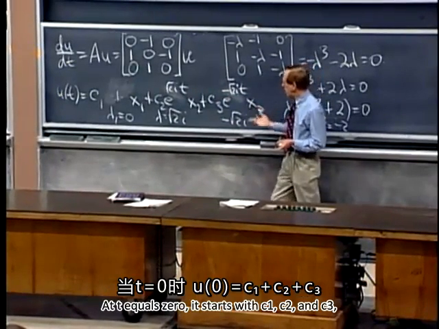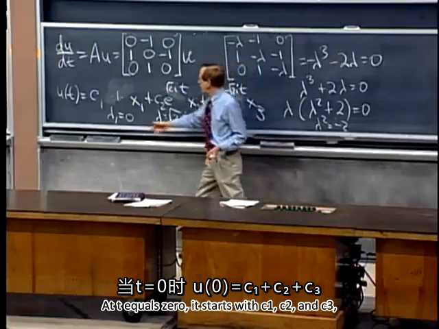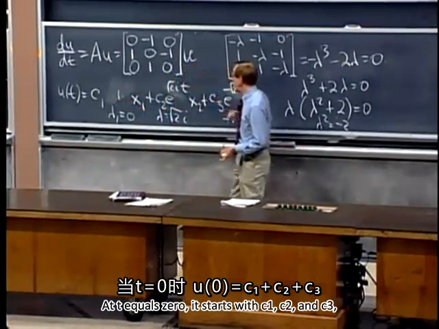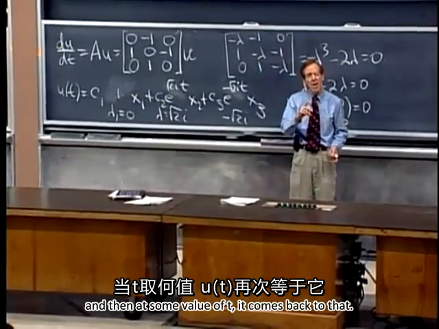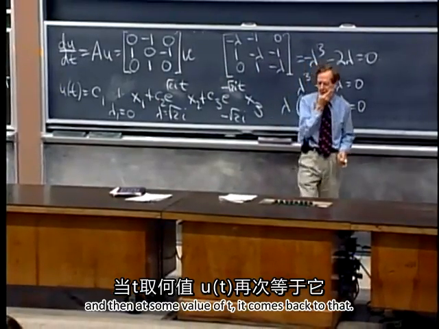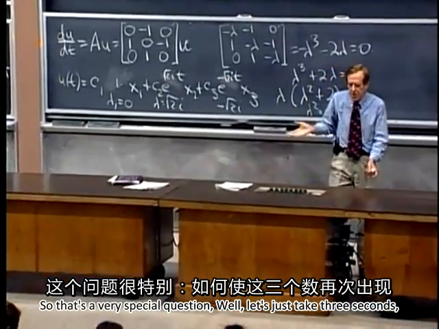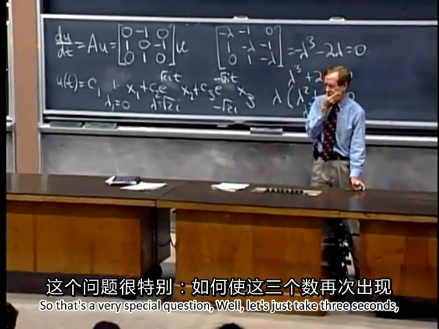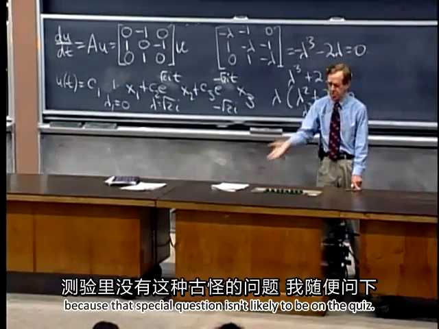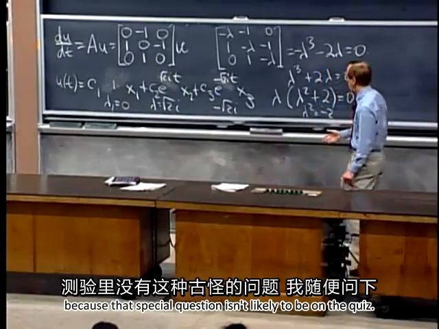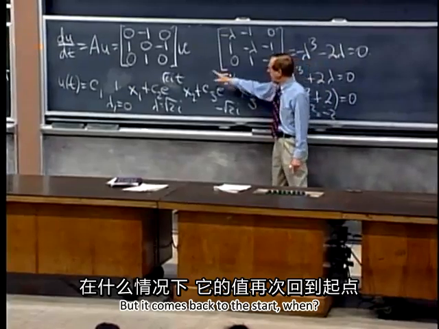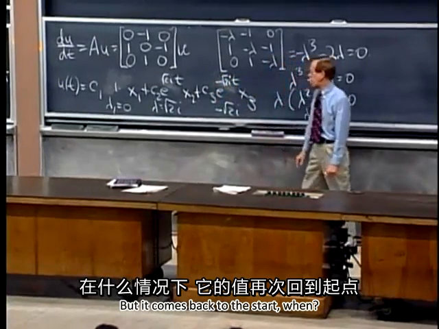At t equals 0, it starts with C1, C2, and C3, and then at some value of t, it comes back to that. So that's a very special question. Well, let's just take 3 seconds because that special question isn't likely to be on the quiz. But it comes back to the start when?